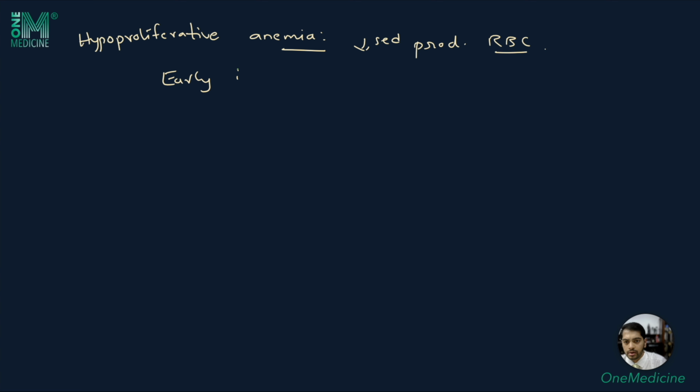So the first type of these is hypoproliferative anemia, where there is reduced production of red blood corpuscles. These may happen in early iron deficiency, reduced erythropoietin levels, or marrow damage.